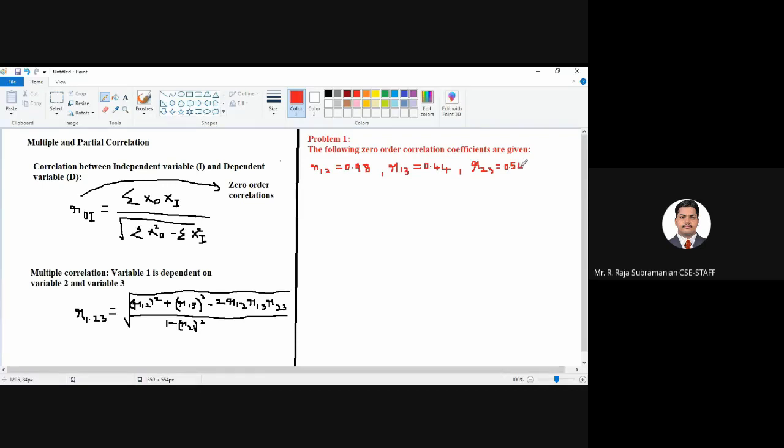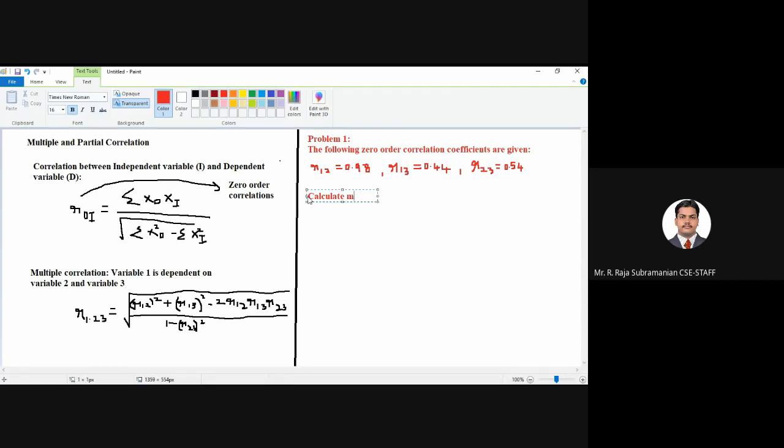Now we should be able to calculate the multiple correlation coefficients. Calculate the multiple correlation coefficient treating the first variable as dependent and the second and third variables as independent. So 2 and 3 are independent and 1 is dependent.